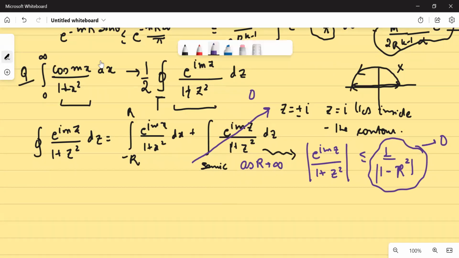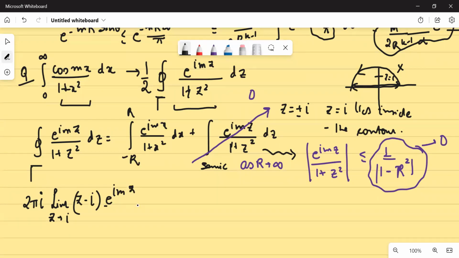Okay. Now, what about this integration on your left? Clearly I'm evaluating a contour integration over a closed contour. And there is a singularity inside, that is z equal to iota, because as r tends to infinity, the contour can become as large as possible. So eventually this is equal to 2 pi iota into the residue at z equal to iota. So this will be z minus iota into e to the power iota mz upon z minus iota into z plus iota.